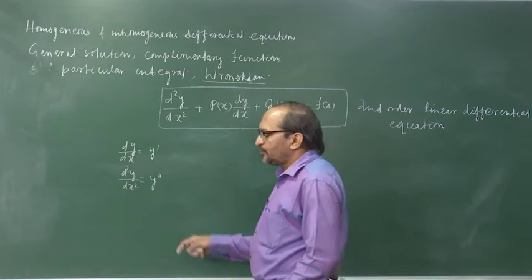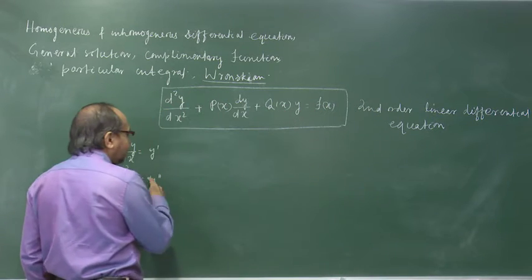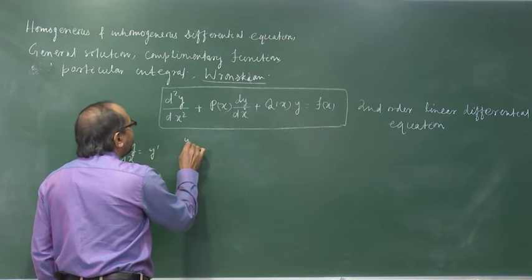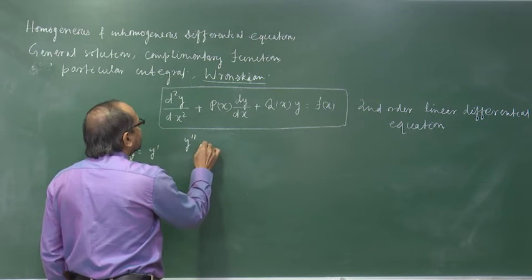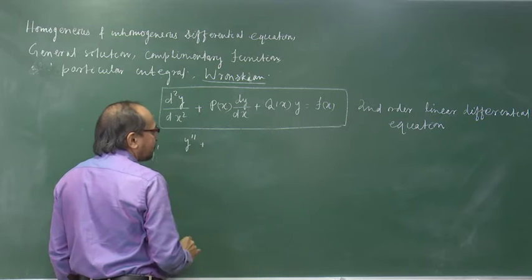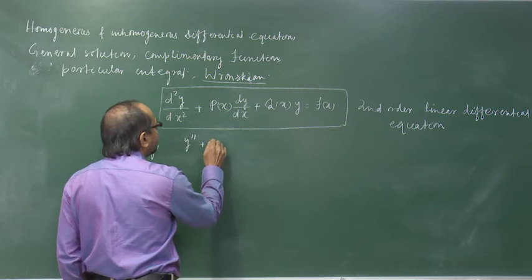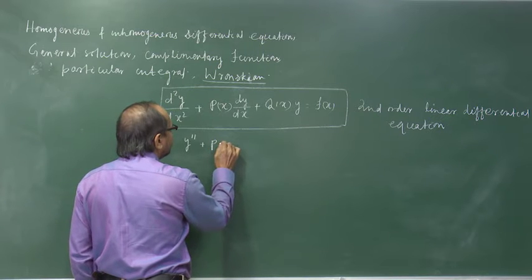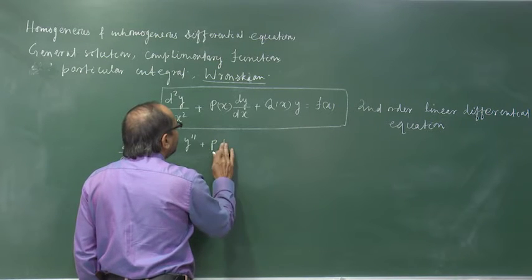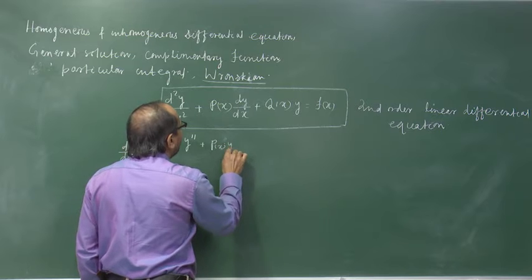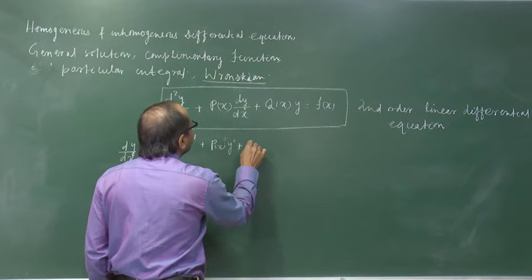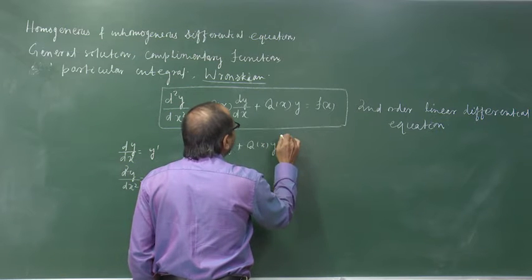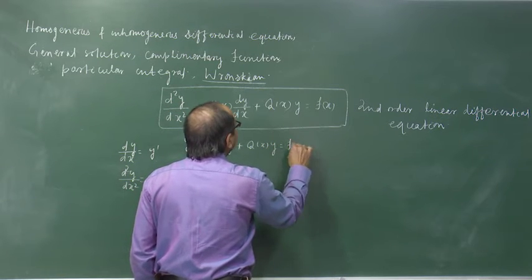In this notation, the second order linear differential equation is y double dash plus p of x into y dash plus q of x into y is equal to f of x.